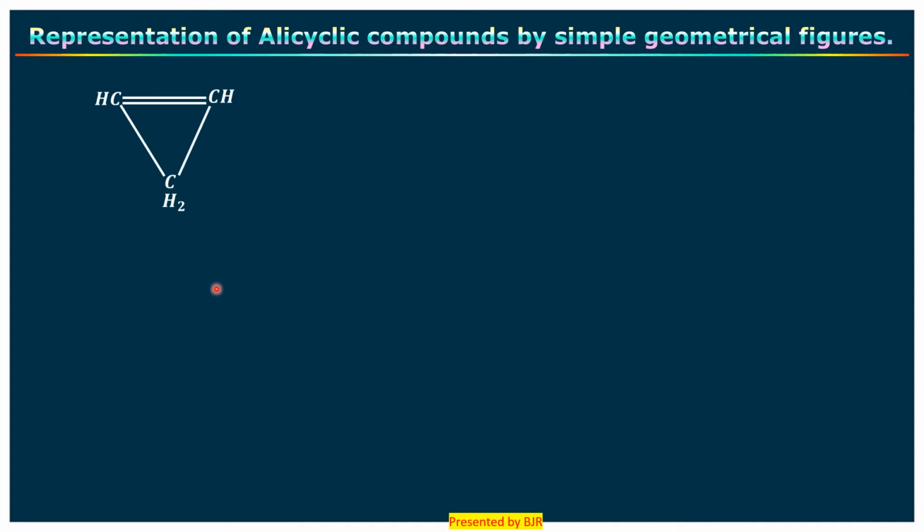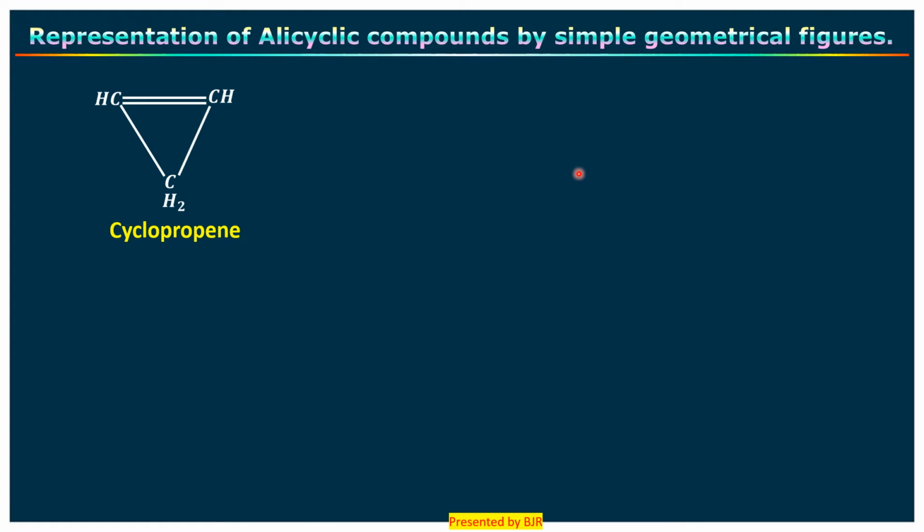Next, this is an alicyclic compound, so let us name it. Here 3 carbon atoms are forming a ring and there is a double bond between 2 carbon atoms. When 3 carbon atoms are there in the ring, it is prop, and ring structure is there, so it is cycloprop. Double bond is there, it is ene. So cyclopropene.